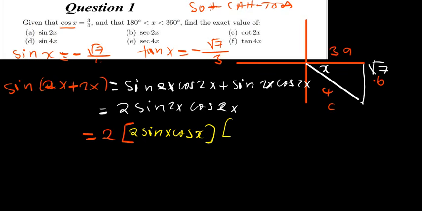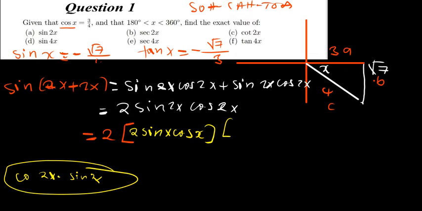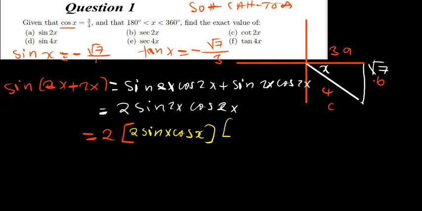Cos 2x equals cos squared x minus sine squared x. So you have already forgotten, my friend. Yes, that's what she wants. It's supposed to be squared, right?